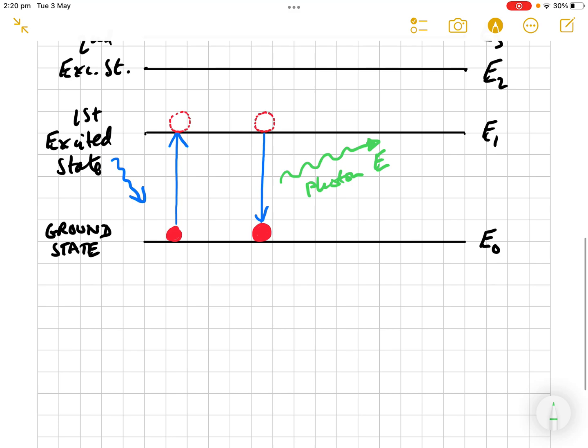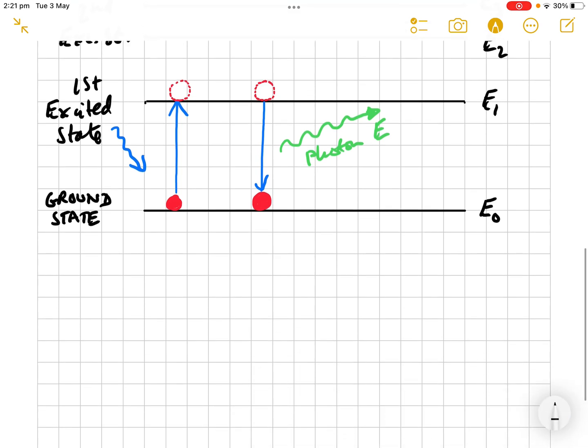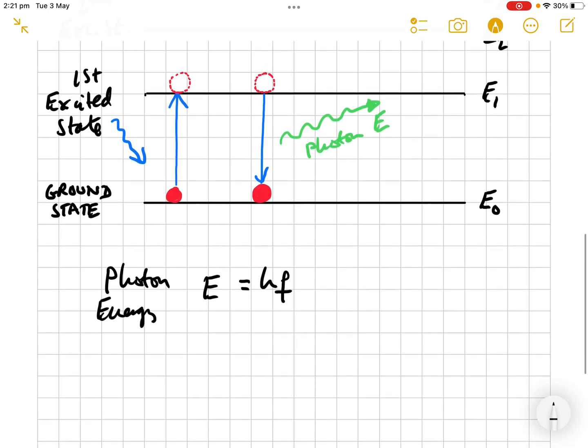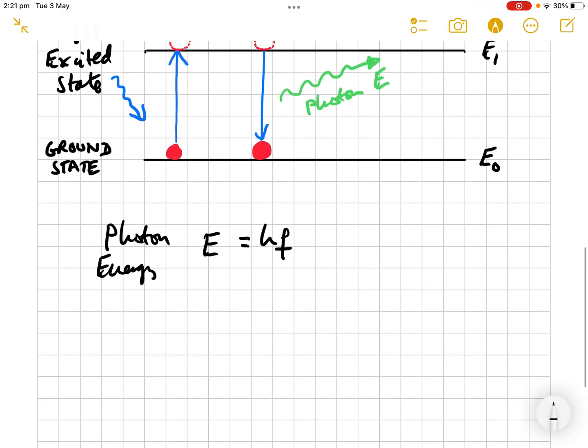In any case, if we imagine the electron falls back down, then the photon energy E, well, that would equal hf, as you know. Now, that could be the absorbed photon or the emitted photon.